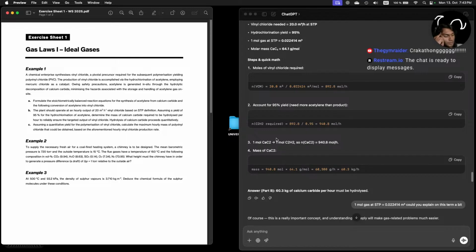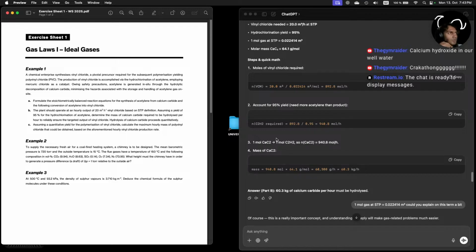Acetylene and calcium carbide. Yes, calcium carbide, 1:1.